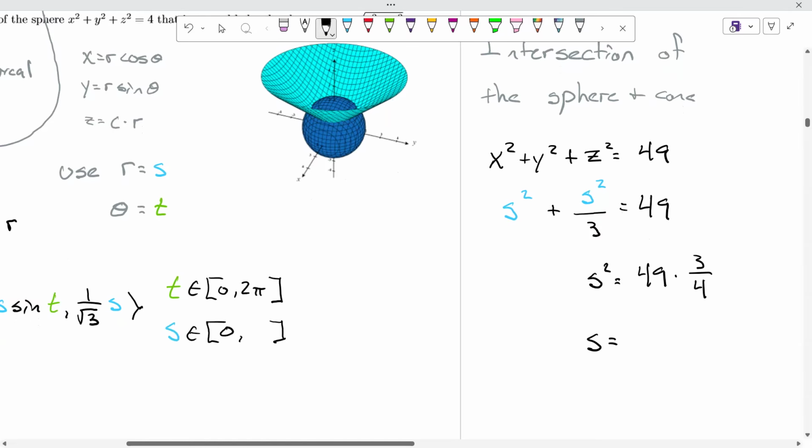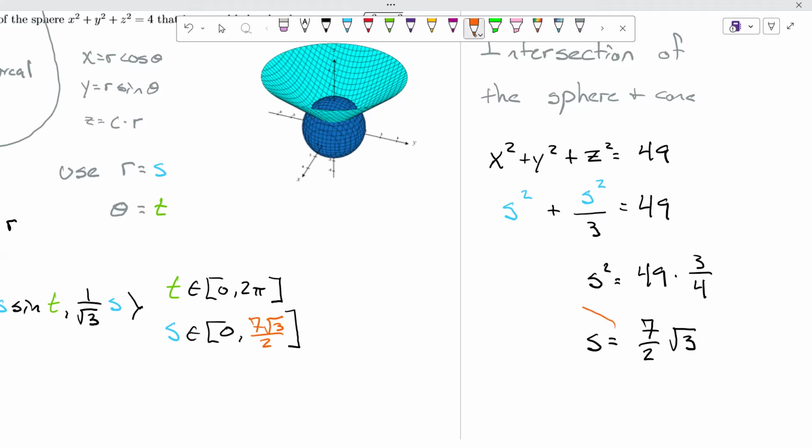So this looks like 7 over 2 times the square root of 3, so 7 root 3 over 2. So that's where I'm coming up with that boundary. I just have to set them equal and go from there.